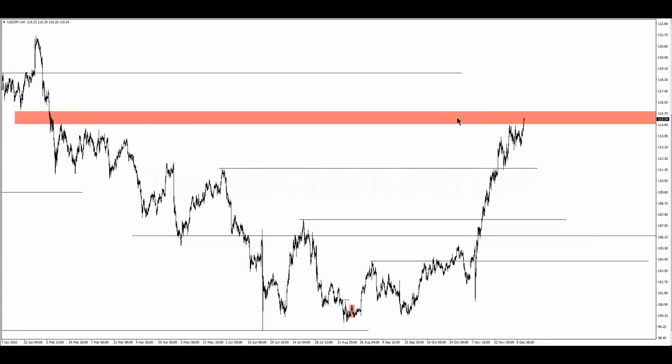Okay, all through here and ultimately trades up into that monthly fair value gap. Once we cleared this high here and we cleared this high here, we came back and created a gap. We created a gap here, came down and closed in the gap, and then ultimately aggressively ran right up into that monthly fair value gap.